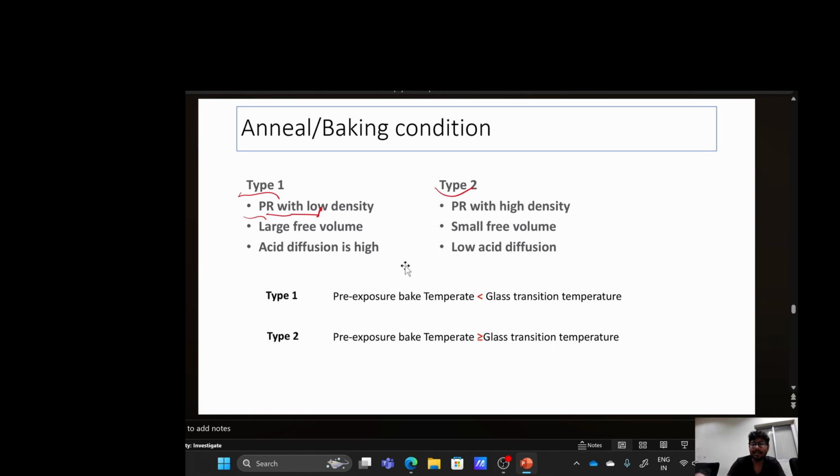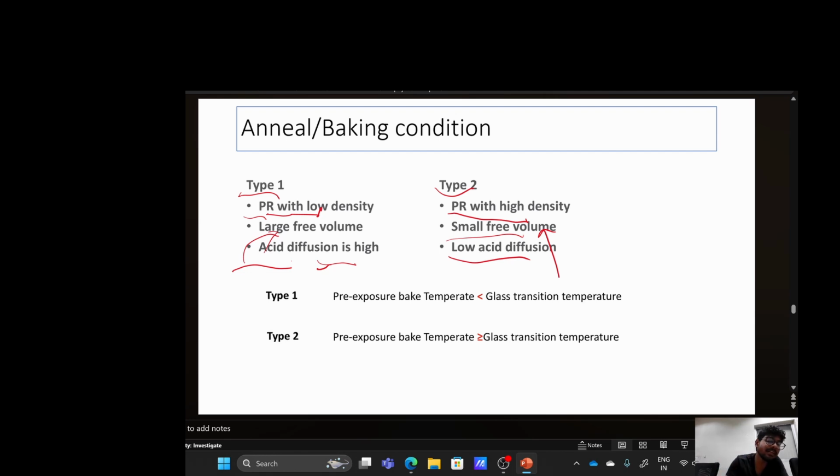Then there is type 2, which has very high density and a small free volume. Acid diffusion is high in type 1 because of the large free volume, and low in type 2 because of the small free volume.